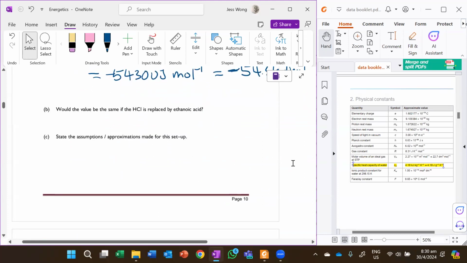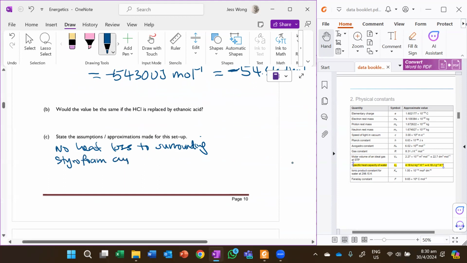Okay, there is no heat loss to the surroundings. The styrofoam cup does not absorb heat.